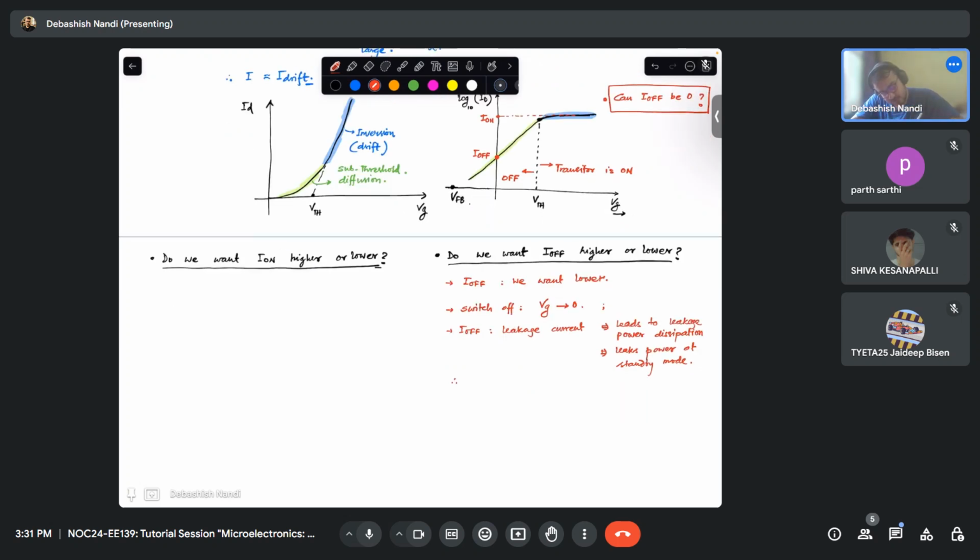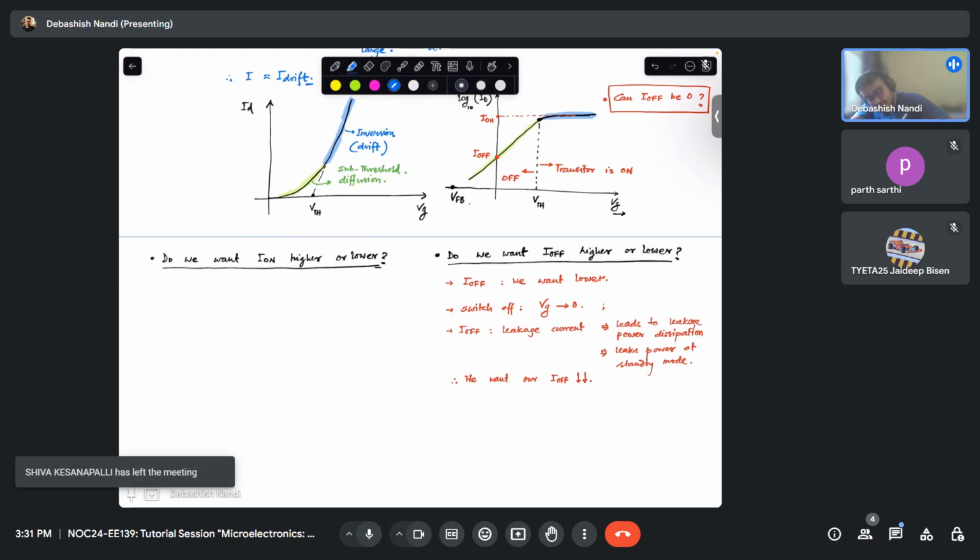So we want our Ioff to be as low as possible. And this is happening because of what? This is happening because your VFB is negative in a PMOS.